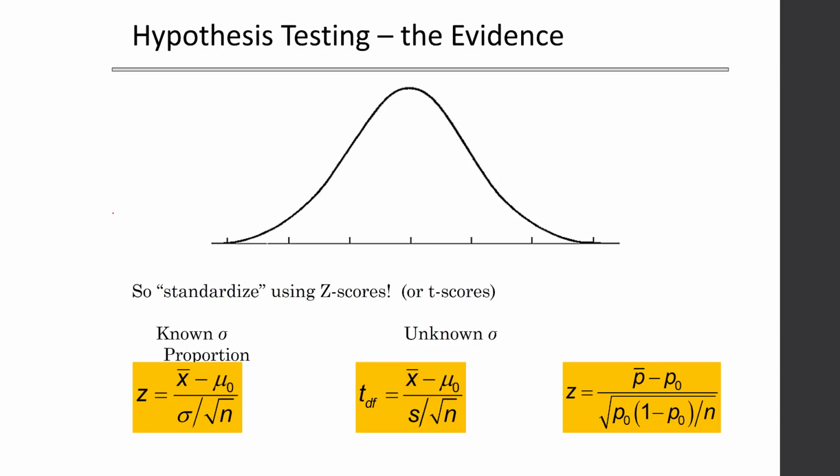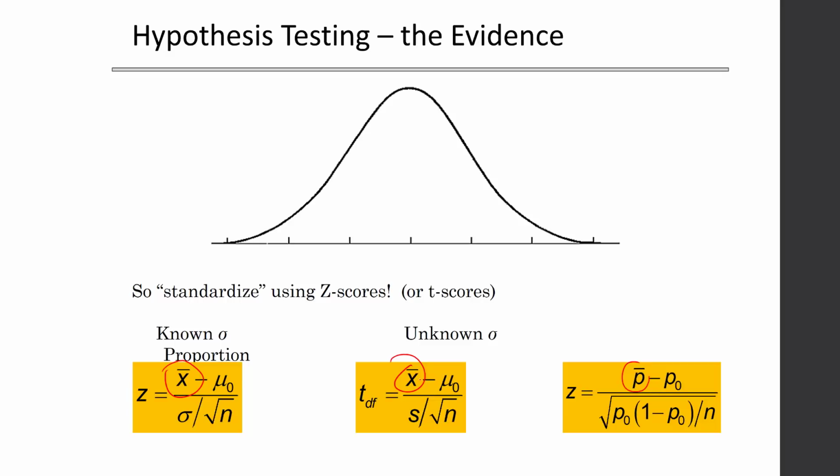So what we do when we do hypothesis testing is, for these, we're going to assume a normal distribution. Then we can standardize our sample mean or our sample proportion and look at the z-scores or t-scores for how extreme that statistic is if the null were really true.